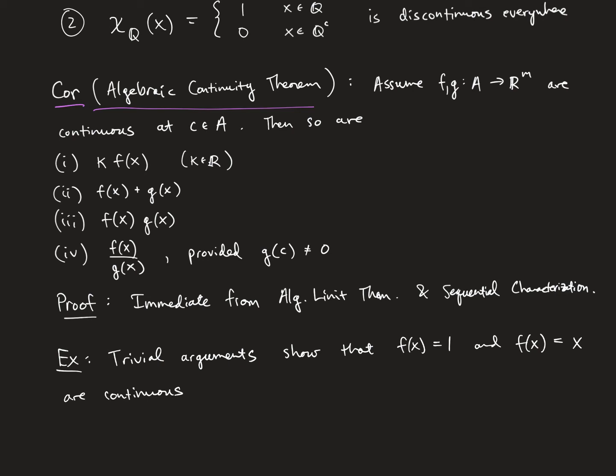I'll just tell you: for the first one, take delta to be anything, for f of x equal 1, and delta equal to epsilon for f of x equal to x.